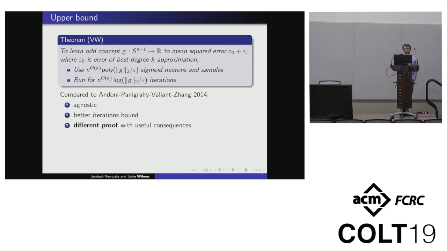Compared to that paper, this result is agnostic, and has a better iteration bound, logarithmic in the error instead of polynomial. But more importantly, it's a pretty proof with some useful direct consequences that come out of the particular method of analysis.